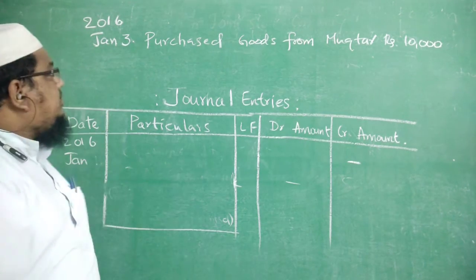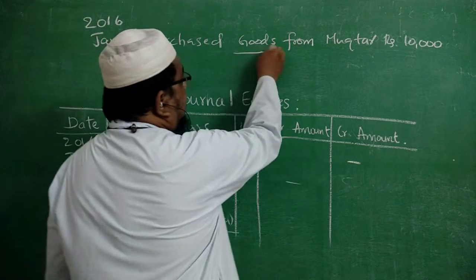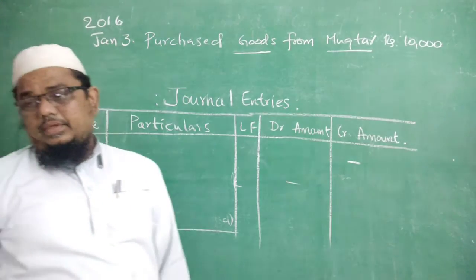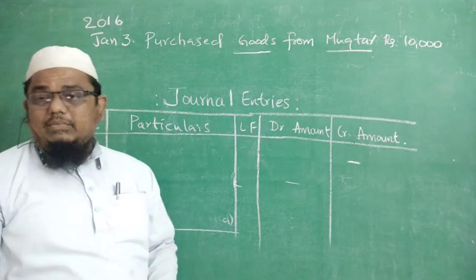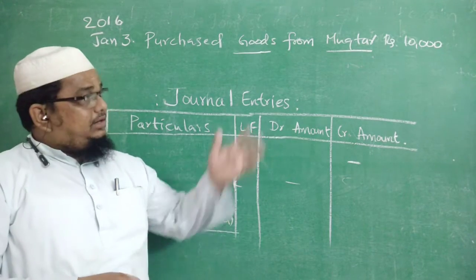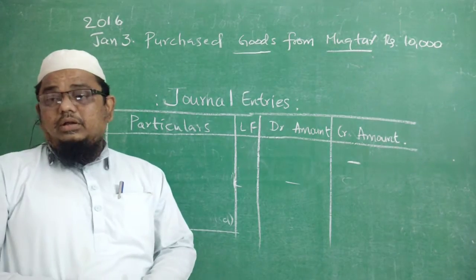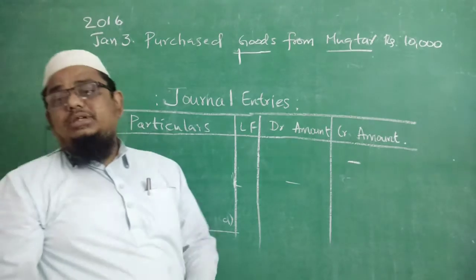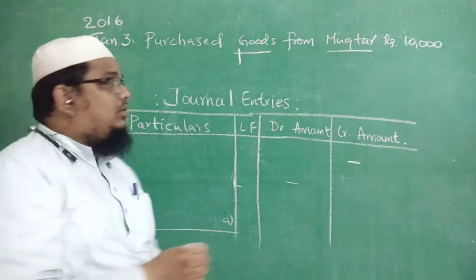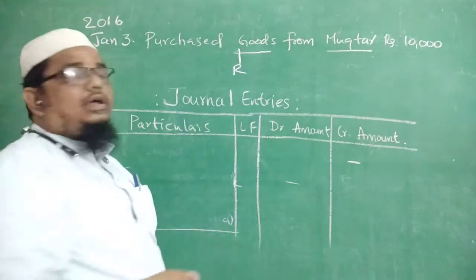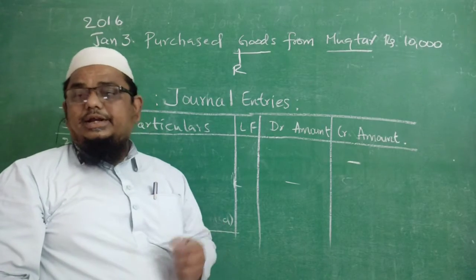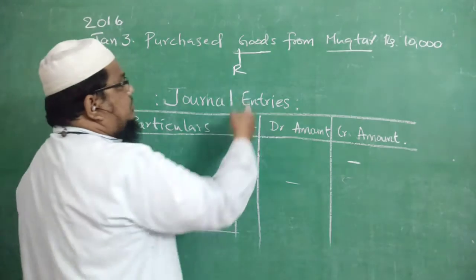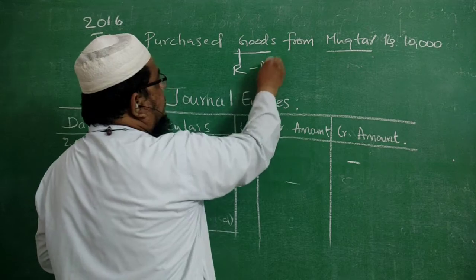So here we are having one is goods account, one is Mukhtar account. This is a credit transaction because there is no clarity about cash, and the name of the creditor is also given. Goods comes under real account. Real account rule: debit what comes in, credit what goes out. So the goods are coming into the business, so we have to debit goods.